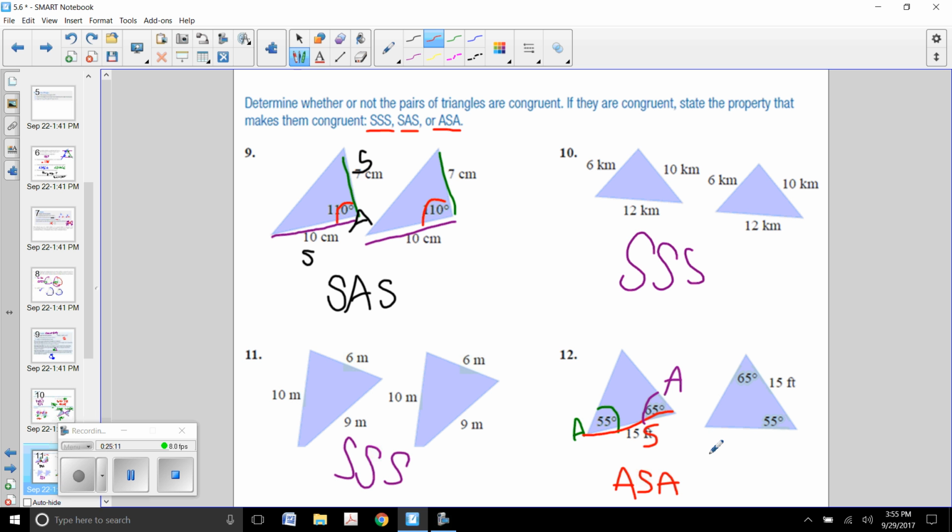So let's make sure that we can get that angle, side, angle from the second one as well before we call it a good answer. So angle from the first one was the 55 degrees. So here's our angle. Then we moved on to the side of 15 feet. So far, so good. Here's our side. And then it went to the angle that's 65 degrees.